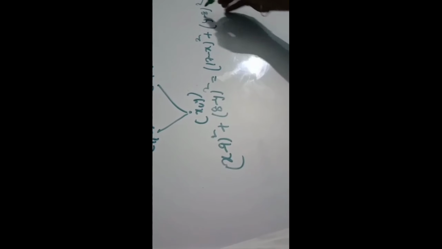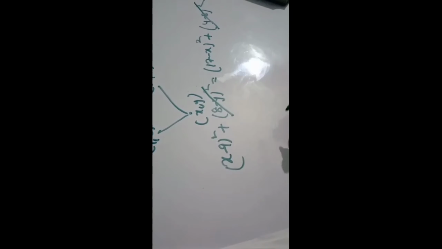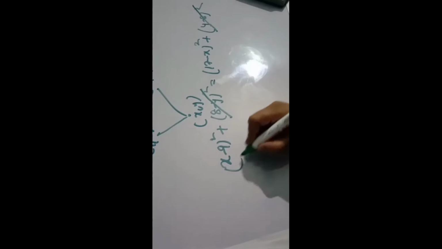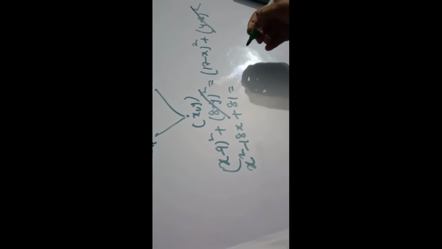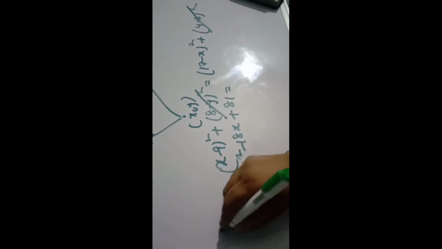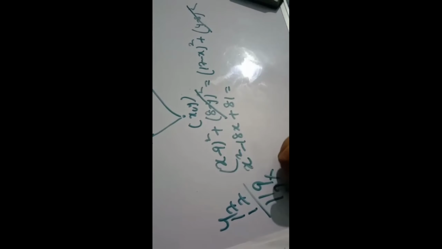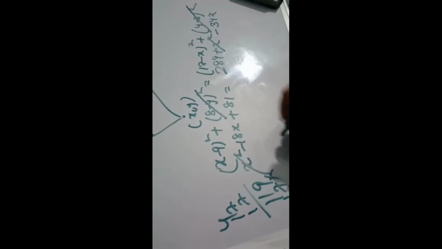8 minus y and y minus 8 squared are the same, so you can cancel. Now x square minus 18x plus 9 square is 81, and 17 square is 289, plus x square minus 34x. Now x square again cancels.